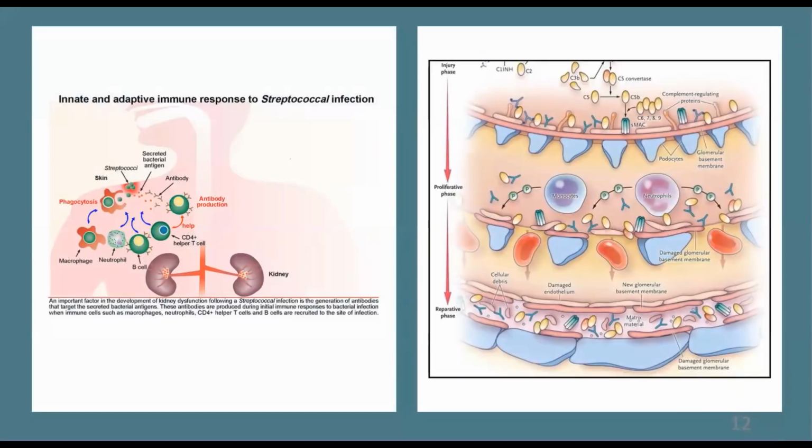Another sequela is acute glomerulonephritis. This affects our kidneys, particularly the glomerulus. So what happens here? This is actually immune complex mediated. Di ba sabi natin kanina, streptococcal antigens will bind to their corresponding streptococcal antibodies.